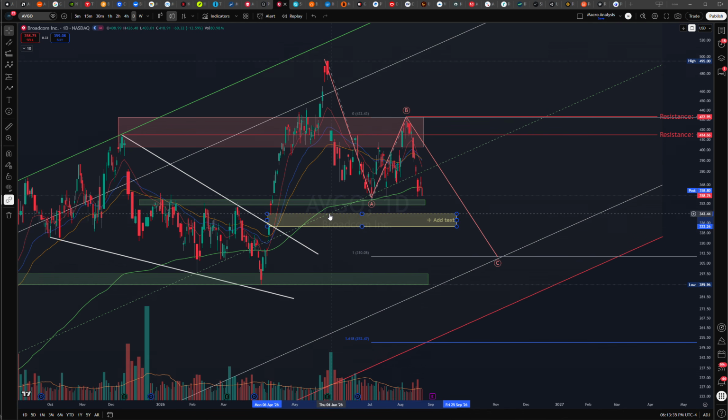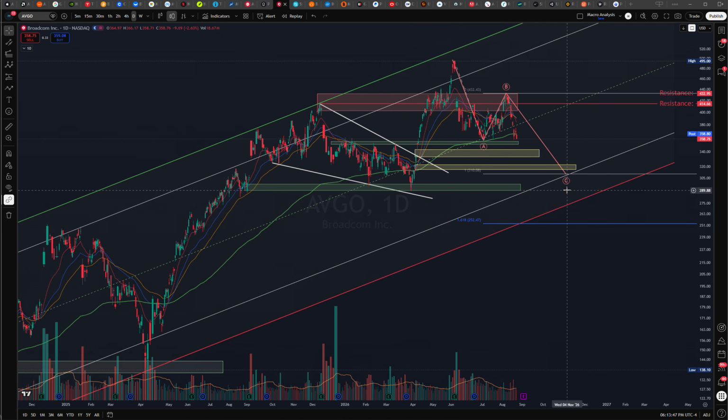It has one gap here, and you have another gap over here as well. So it fills both of these gaps. That is where I think the market will bottom.